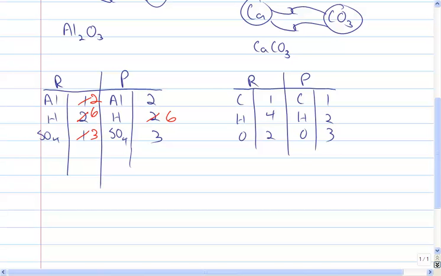Those numbers we put in front only multiply things on one side to try to balance it with the other. Here I've got 1 and 1, they're already balanced. I've got 2 and 4. I can multiply the 2 by 2 to make it 4.